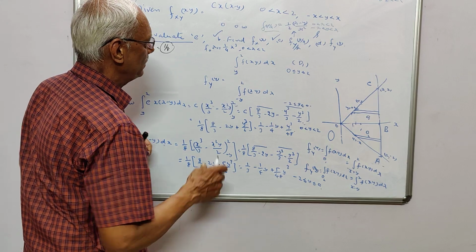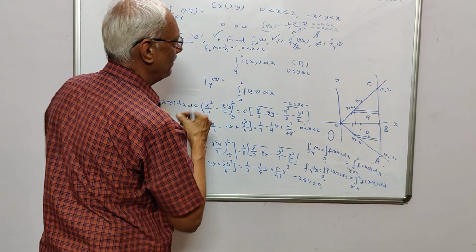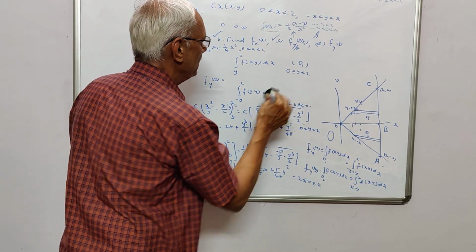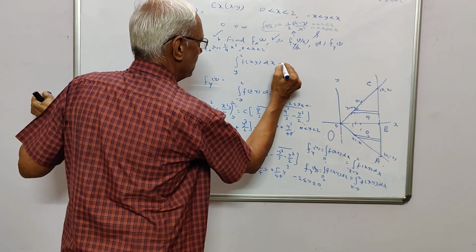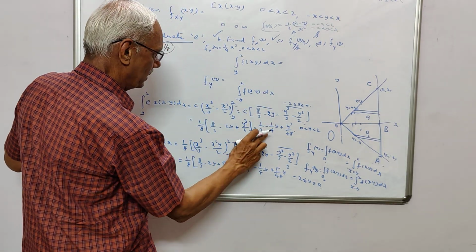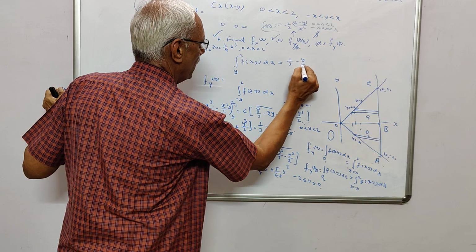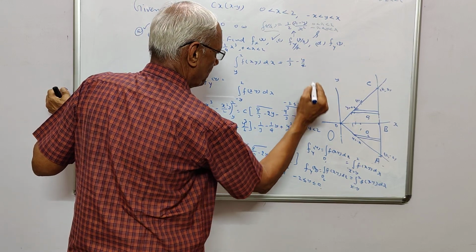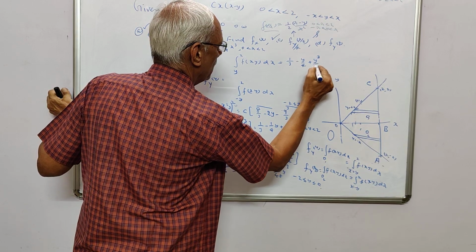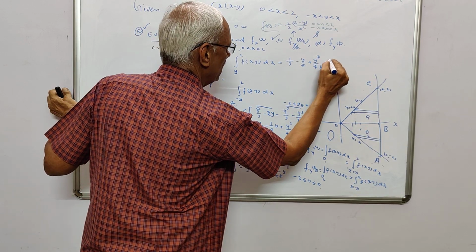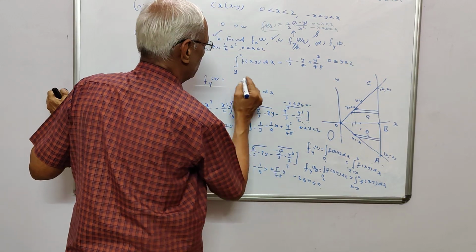So what is the answer that you get here? f_Y(y) will be equal to, first one, 1 by 3 minus y by 4 plus y cubed by 48 in the interval 0 less than y less than or equal to 2.